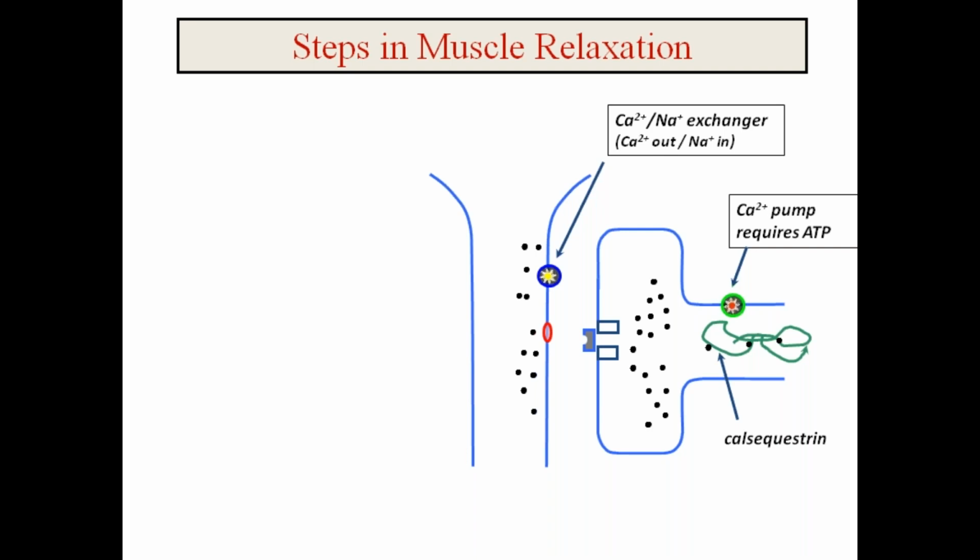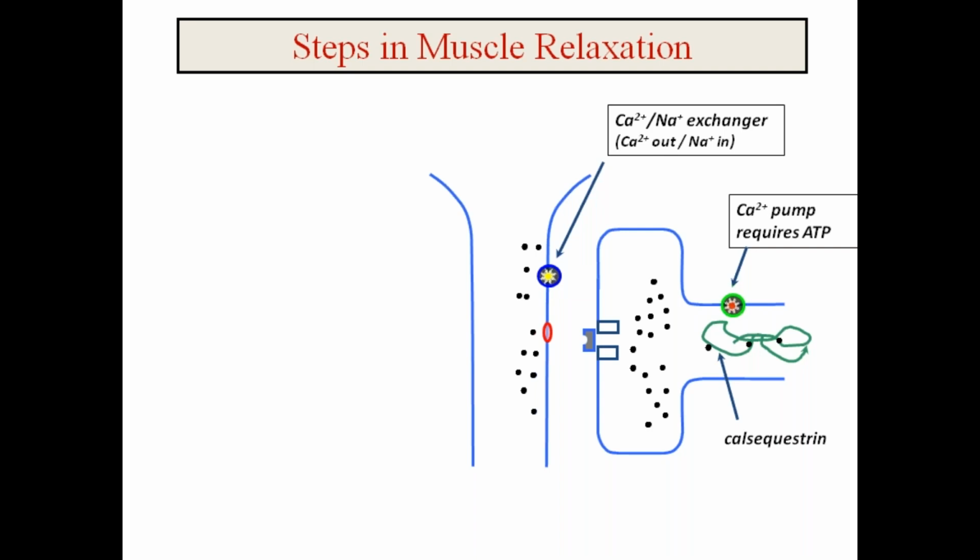Here one calcium is pumped out in exchange for 3 sodium which are pumped in. So here one calcium is going out and 3 sodium are coming inside the cell. As a result, the calcium level will decrease in the sarcoplasm of cardiac muscle. So for relaxation of cardiac muscle, you require two pumps.